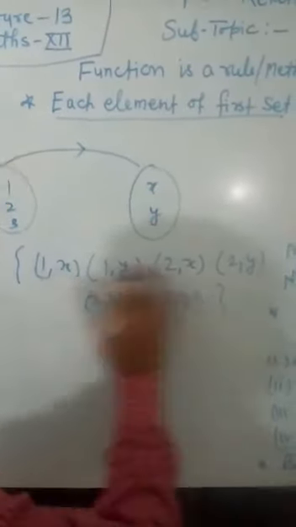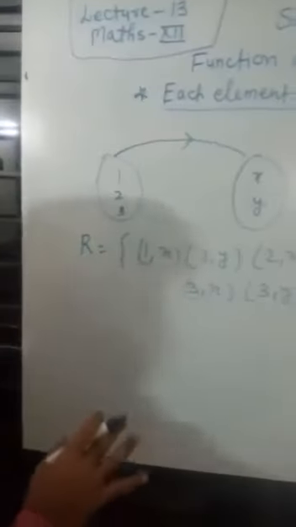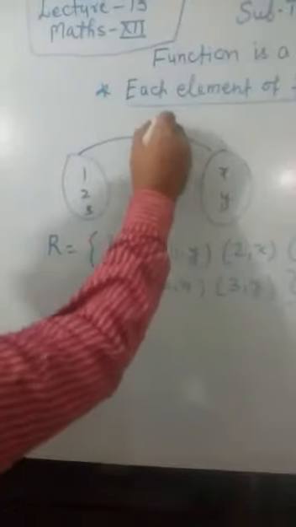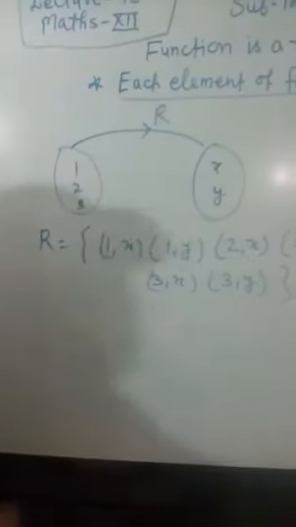It may be all of the ordered pairs or some of the ordered pairs; it comes under the rule of relation.